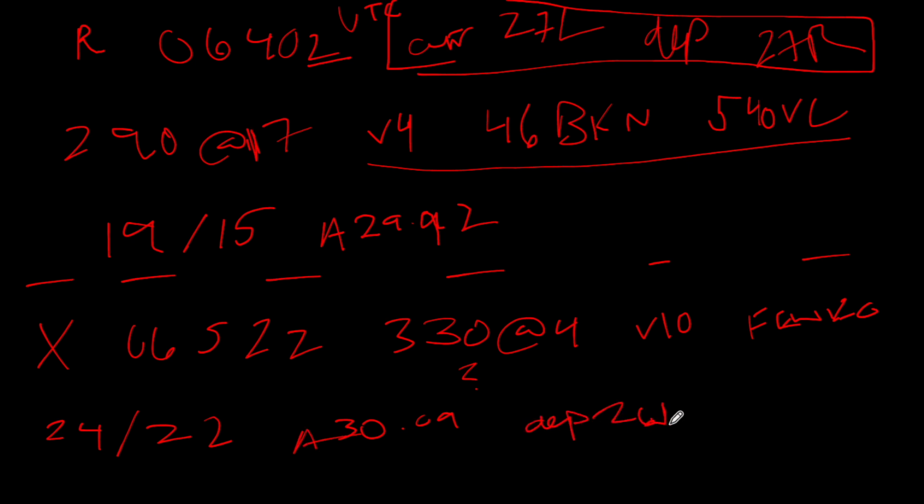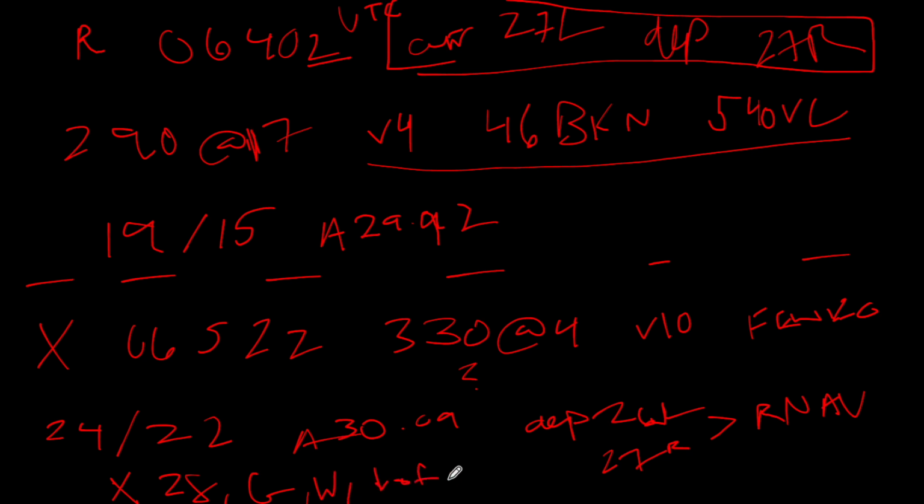Expect RNAV off the ground departing runway 26 left. Expect RNAV off the ground departing runway 27 right. Ground control will assign runway with taxi instructions. Notice to air missions. Runway 28 closed. Taxiway Golf closed. Taxiway Whiskey closed. All taxiways south of taxiway Romeo closed. Runway 26 right land and hold short operations lights out of service. Attention all aircraft, hazardous weather information for Atlanta area available from flight service.